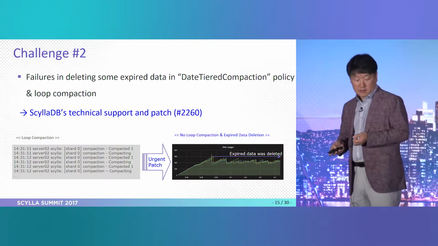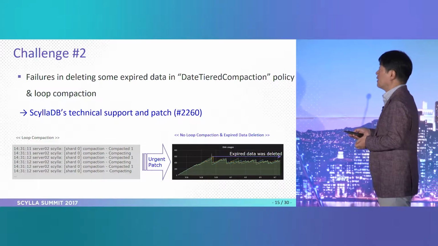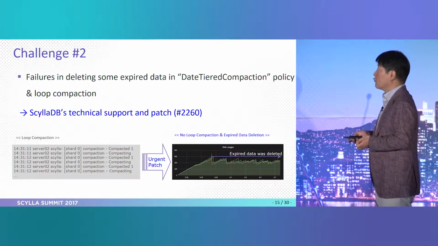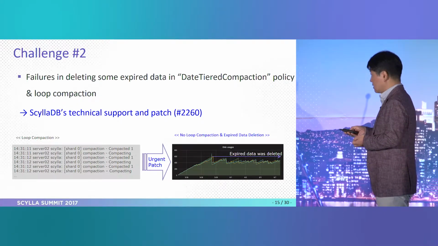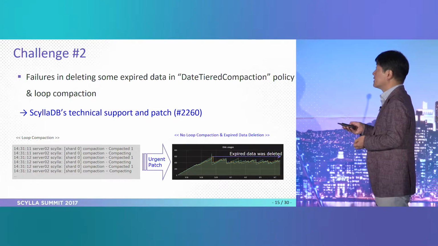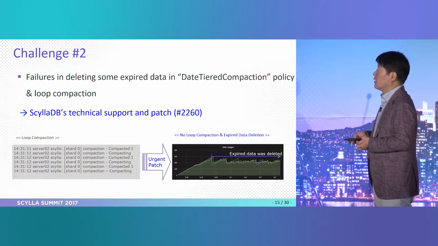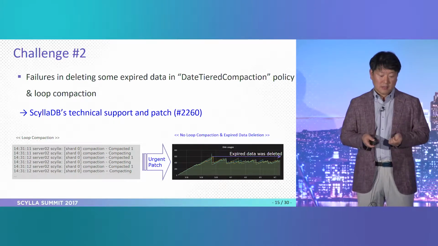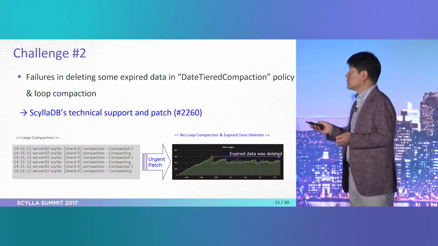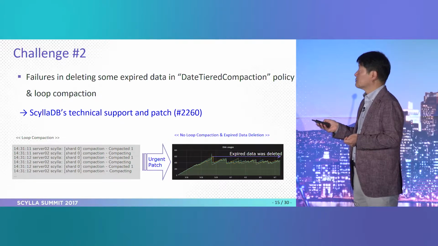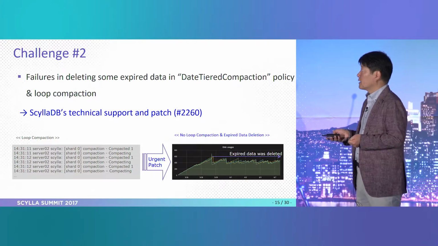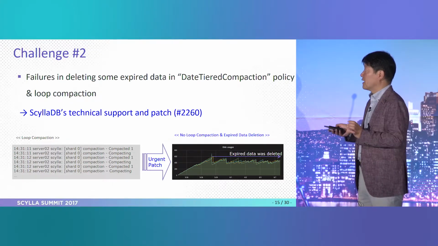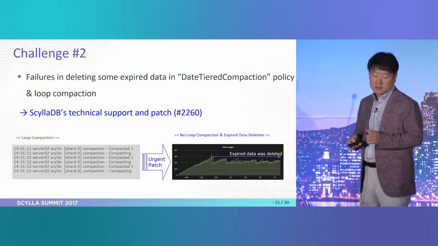Through these solutions, we found the data size was reduced by more than 50%. Okay. The second challenge: at that time we adopted the date tiered compaction policy, but there was a ScyllaDB bug. In this compaction policy, ScyllaDB cannot delete some expired data, and also some loop compaction happens.